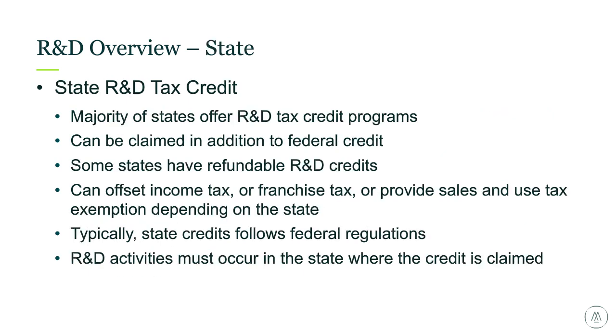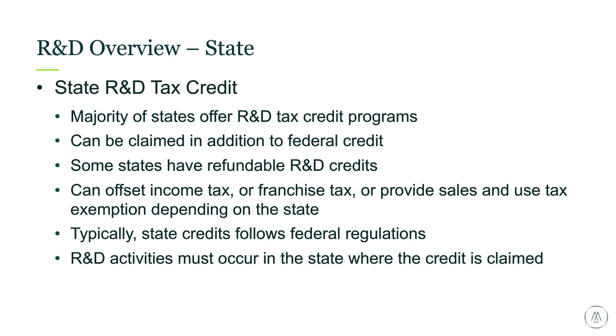The state credit. You may not know, but a majority of the states, approximately 40, offer an R&D tax credit program. This credit can be claimed in addition to the federal credit, which increases the overall benefit. Some states have refundable R&D credits, and in other states you can utilize the credit to offset either income tax or franchise tax, or it can also provide sales and use tax exemptions depending on the state.